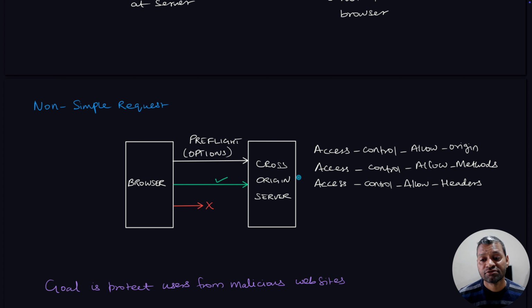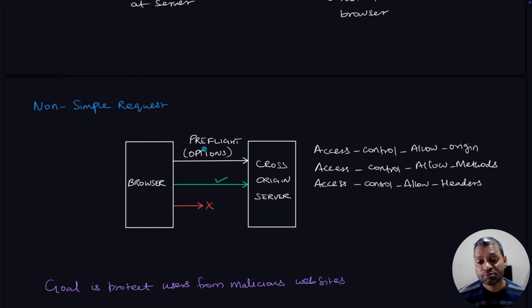Based on this information, for example, if the access control allow origin includes the origin of the web page that is currently loaded on the browser, then the browser will make the request to the cross-origin server because it knows that that request is allowed. But if the access control allow origin does not include the origin of the web page that is currently loaded on the web browser, then the web browser knows that this request is not allowed, so it will not even send the request to the server. It will be blocked on the client side itself.